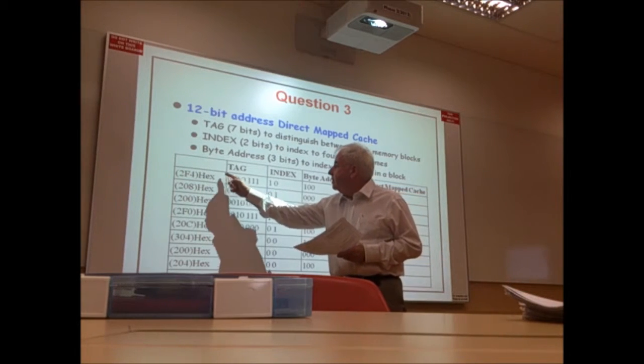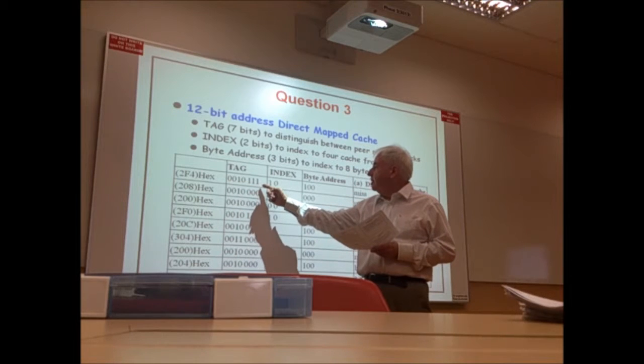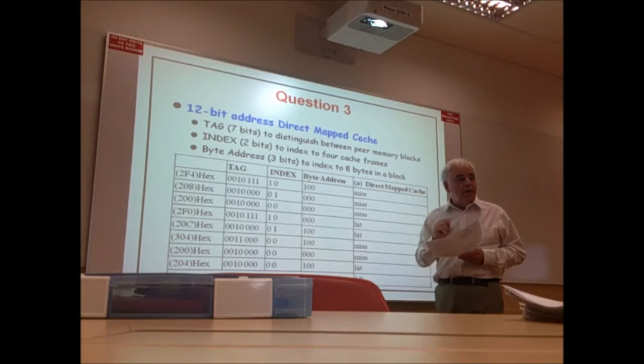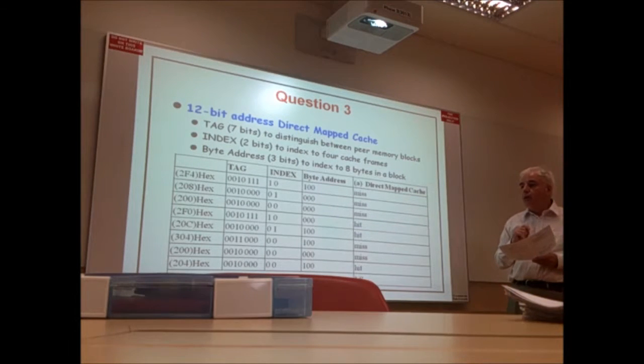In this case the top 7 bits are the tag, the next 2 bits are the index, and the bottom 3 bits are the byte address within the block. First you have to identify the 2 bits which index into the cache frame. That depends upon the size of the block, and in this case a block is 8 bytes. Everybody happy with that? Do you understand?